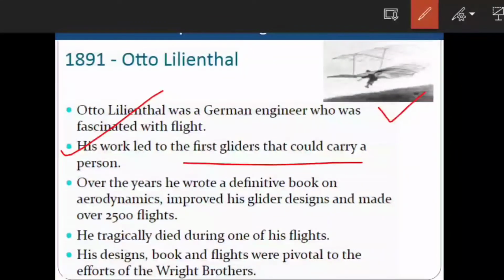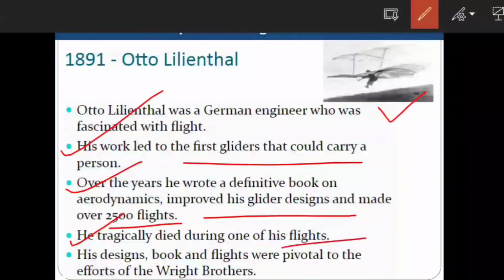If you see in this photo, over the years he wrote definitive books on aerodynamics and improved his glider design, and made over 2500 flights. That is really amazing. He made over 2500 flights, and he tragically died during one of his flights.